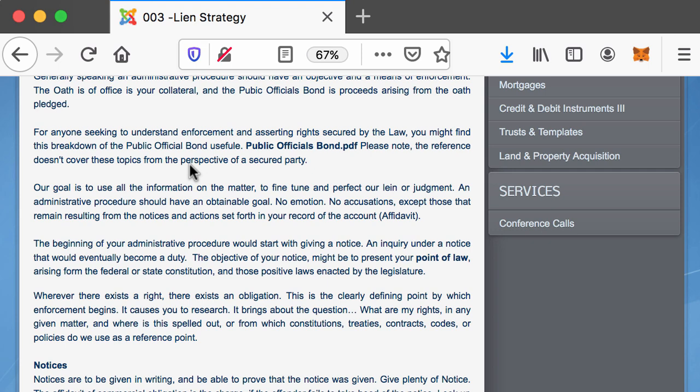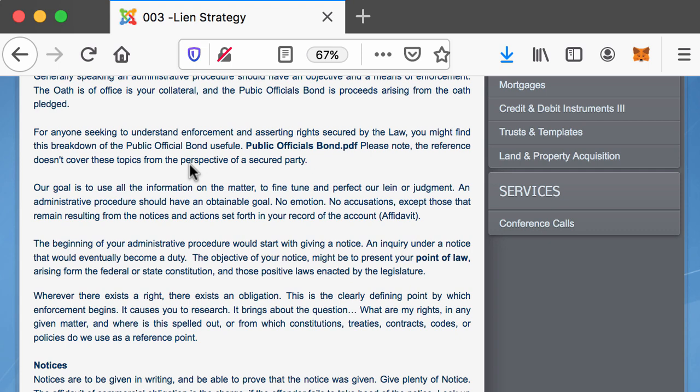The ultimate goal isn't to file a lien against someone's bond, it's to get performance, but to have leverage or enforcement or an area to go if you are damaged or injured because a fiduciary fails to perform when they are obligated to. So again, the notices are to give them inquiries that may become duties.